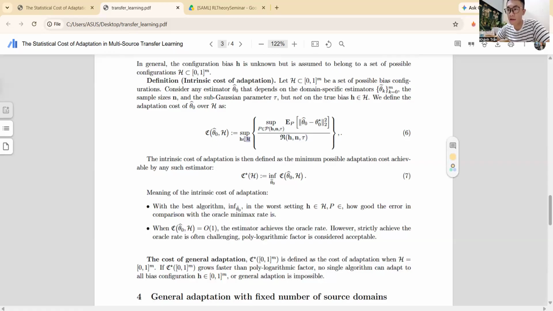So it tells us, in the worst case, what is the worst ratio. And that's it for one estimator. For all estimators, the C square F is defined as the adaptation cost of the best estimator. So assume that we have a best algorithm, what would be the adaptation cost?